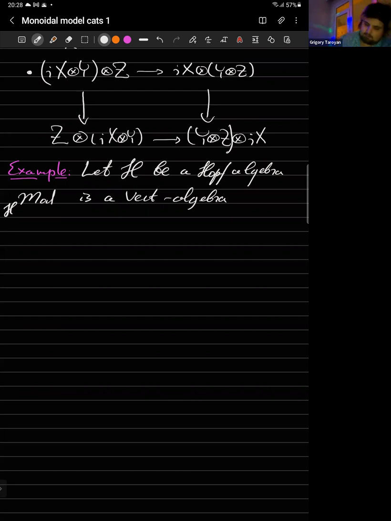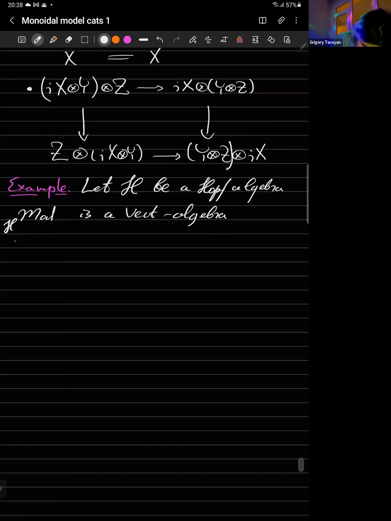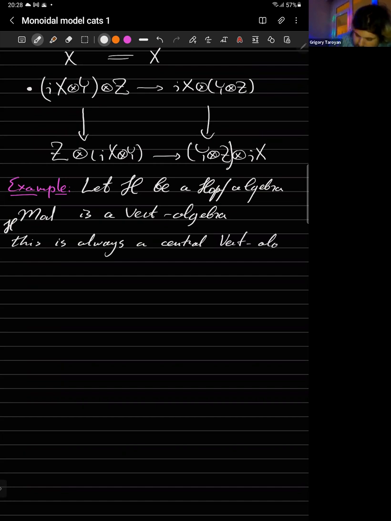And so this is always a central vector algebra, but it is symmetric if H is co-commutative.